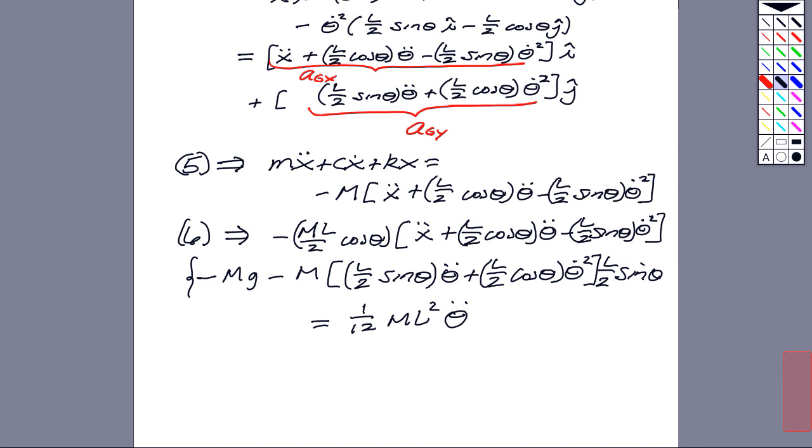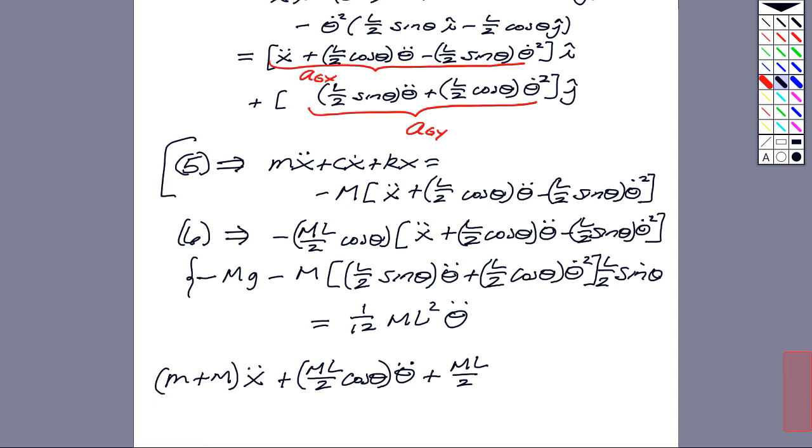But we can take the first equation here, and we can write that as M plus m, x double dot, minus m L over 2 cosine theta theta double dot, and I guess that's going to be brought over to the left hand side, so that becomes plus, and I'm going to have an m L over 2 sine theta times theta dot squared, plus c x dot plus k x is equal to 0.